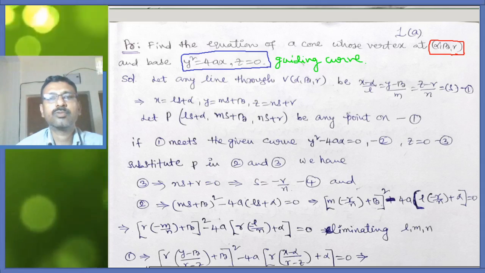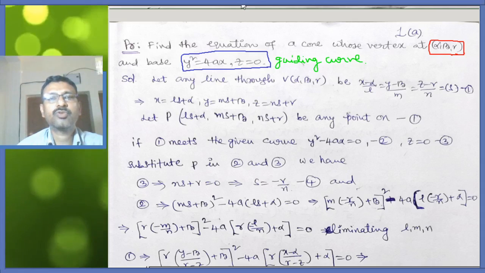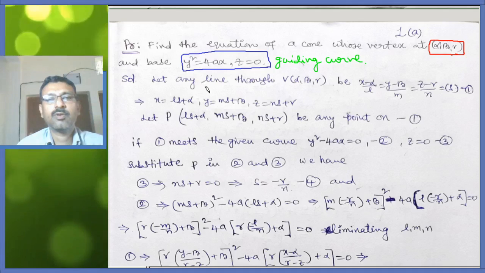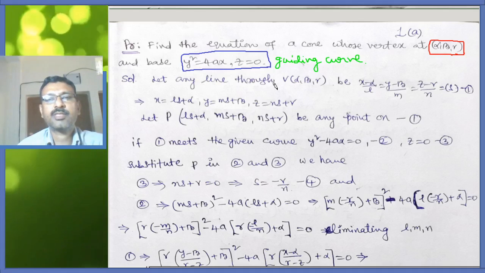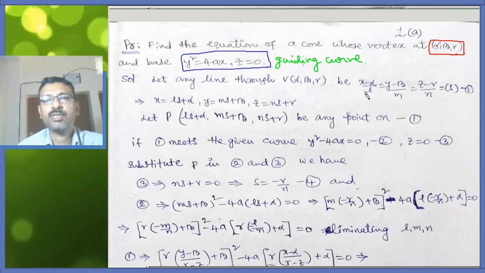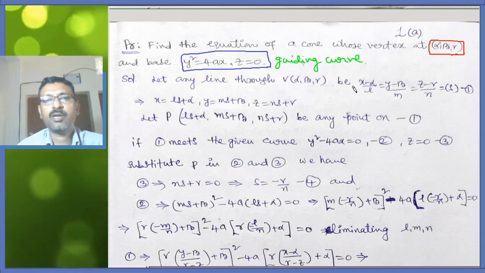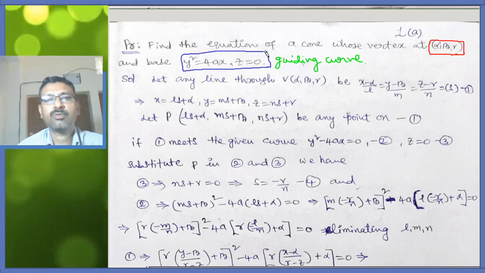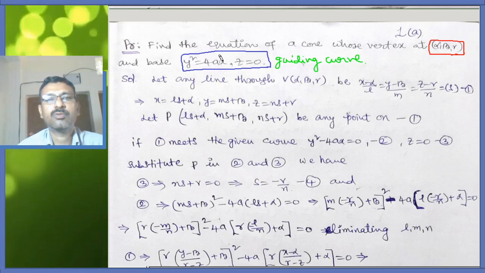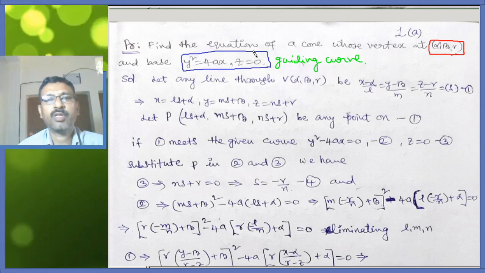So now coming to the solution, first we write the equation of the generator, that is a line through the vertex that meets the base curve or guiding curve y square equal to 4ax, z equal to 0.